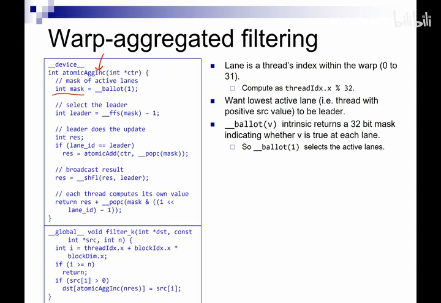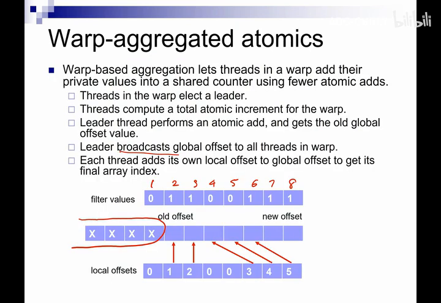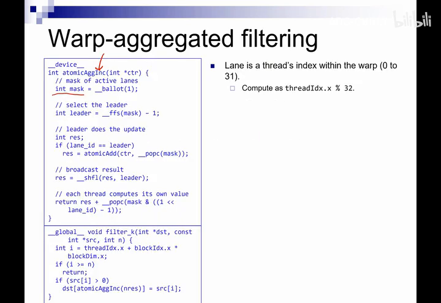Now we want to take one of these active threads and make it the leader. The leader is going to be the one that finds the old offset. So we want one of these active threads to go find the offset, and the way we do that is we take this mask and use this operation, find first set.